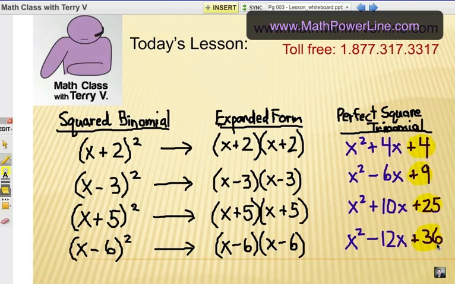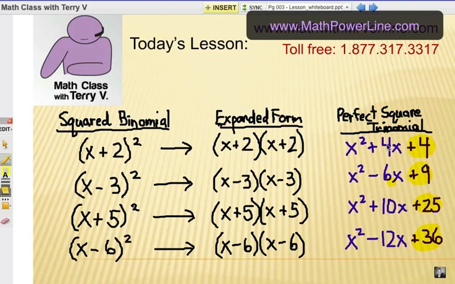Now, the key to completing the square is: if I know these first two terms, can I create the third number? So let's see if we can figure out where 4 comes from. Now look at these 2's here. These 2's have created a 4x. These negative 3's have created the negative 6x. The 5's created a 10x, and the negative 6's created the negative 12x.